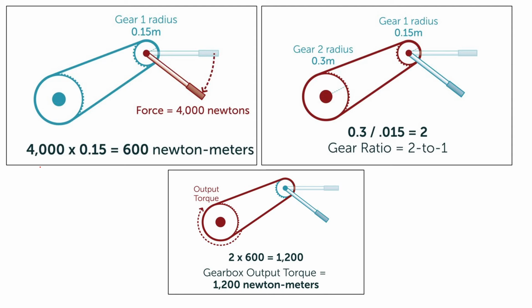So that means that it will have twice the moment. So the one with the bigger wheel will have double the moment of the smaller wheel. So if you do 2 times 600, you get 1,200 newton meters.